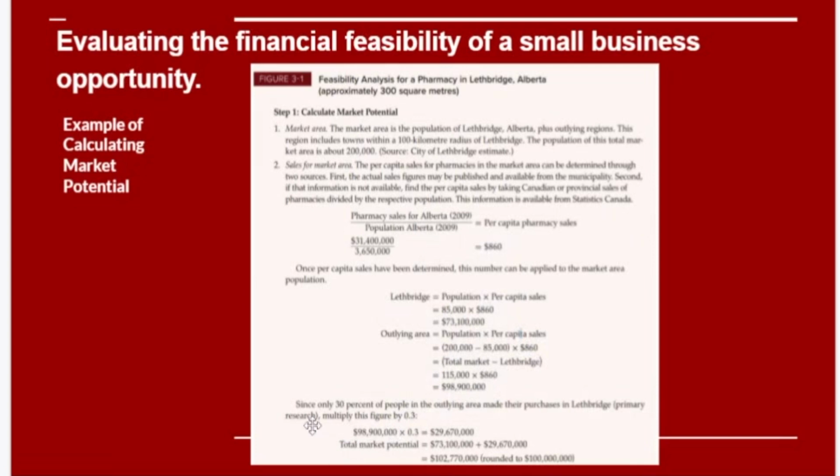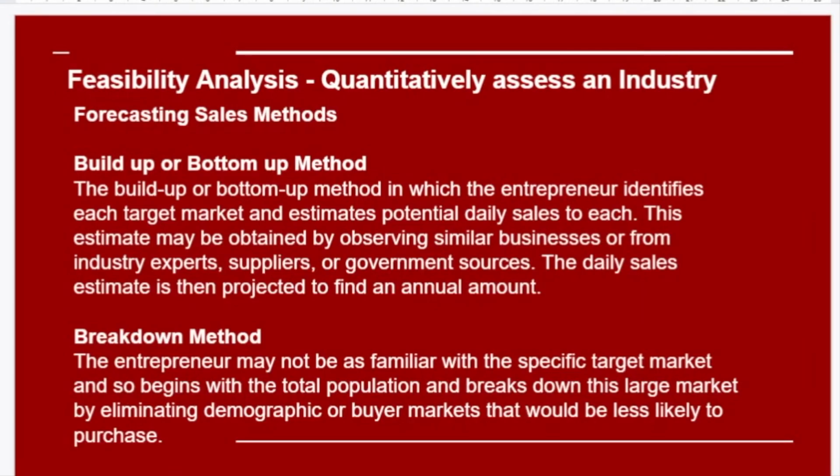That's $98,900,000. So if we add those numbers together, the 73 million and the 98 million, that would give us the total for the entire market area.